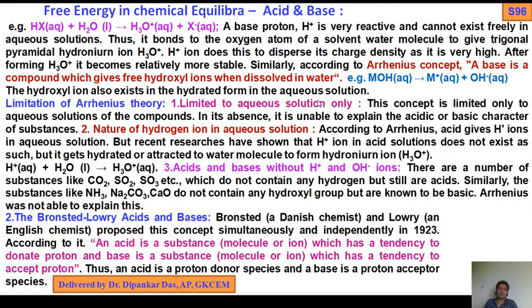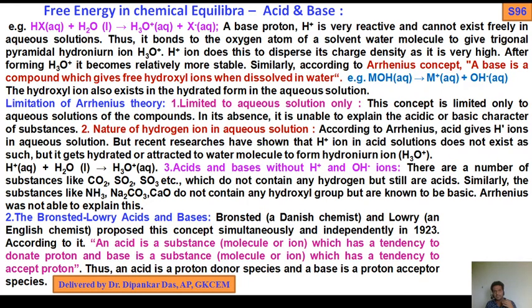Now, the limitation of Arrhenius theory. What is the limitation? First one, it is limited to aqueous solution only. This concept is limited only to aqueous solutions of the compound.